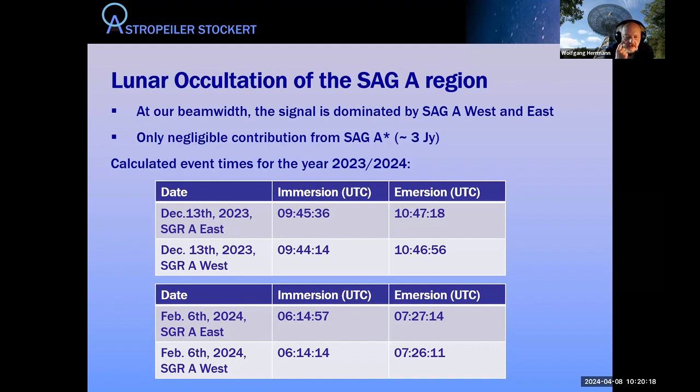And I should start by saying a few things about Sagittarius B, because it's frequently referred to as the center of our Milky Way. And that's actually not true. If you point a telescope of our size, like a 25-meter dish, towards the galactic center, you'll see a strong signal there, but it's not from the galactic center.